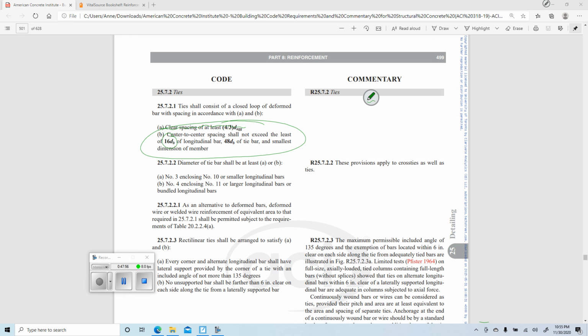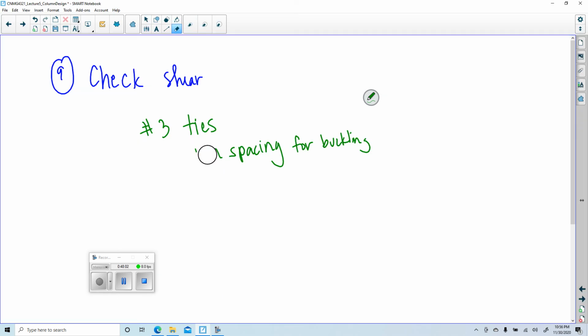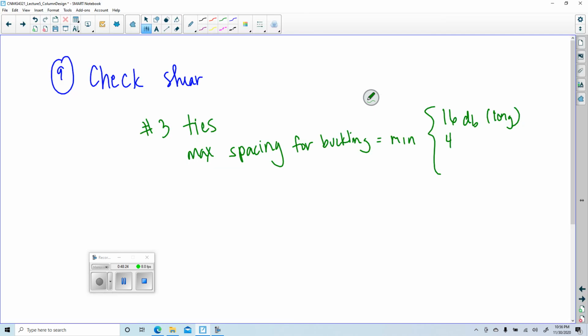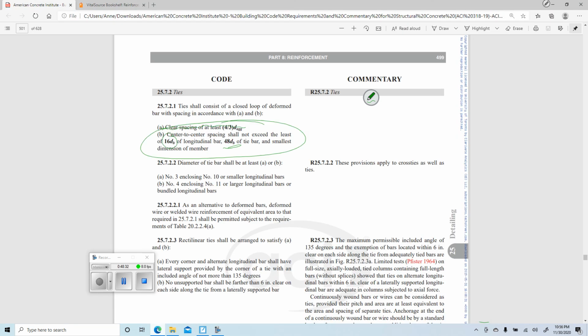The minimum spacing, or sorry, the maximum spacing is actually what we're talking about here. Maximum spacing for buckling is the minimum of 16 times the dB for the longitudinal bars, 48 times the diameter of the tie bar, right? Or smallest dimension of the member, which is 16 inches.